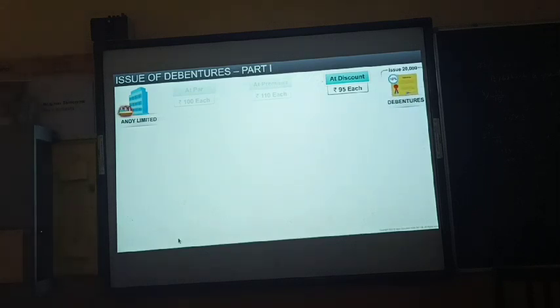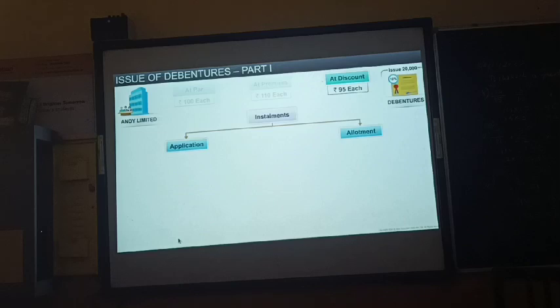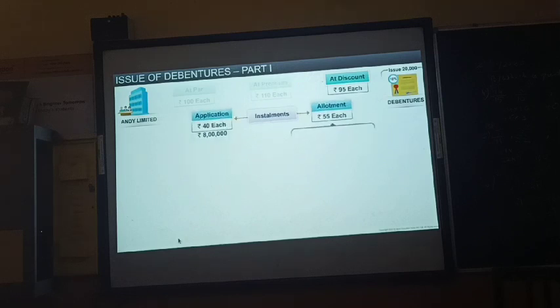Further assume that the board decided to collect the amount of 95 rupees in 2 installments. That is, 40 rupees on application and 55 rupees on allotment. The discount amount is usually adjusted with the allotment money. So, the discount amount of 5 rupees per debenture is adjusted on allotment.